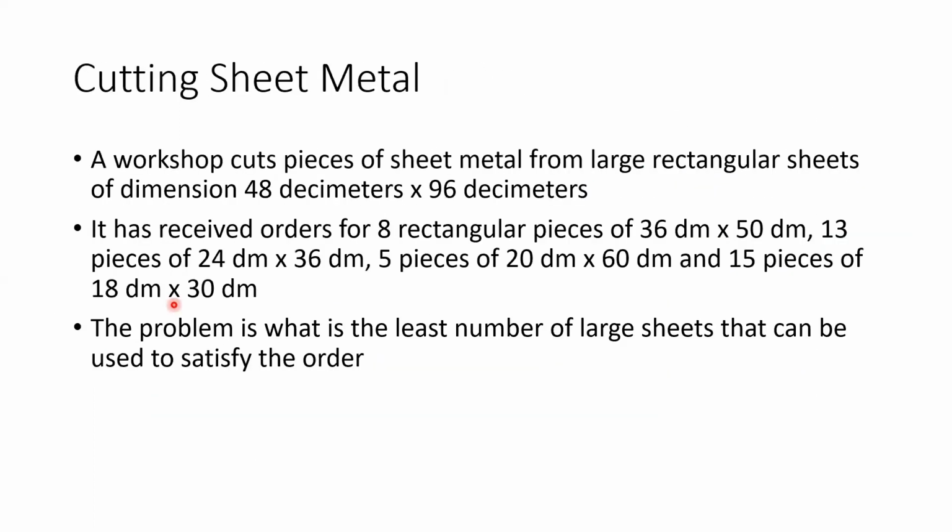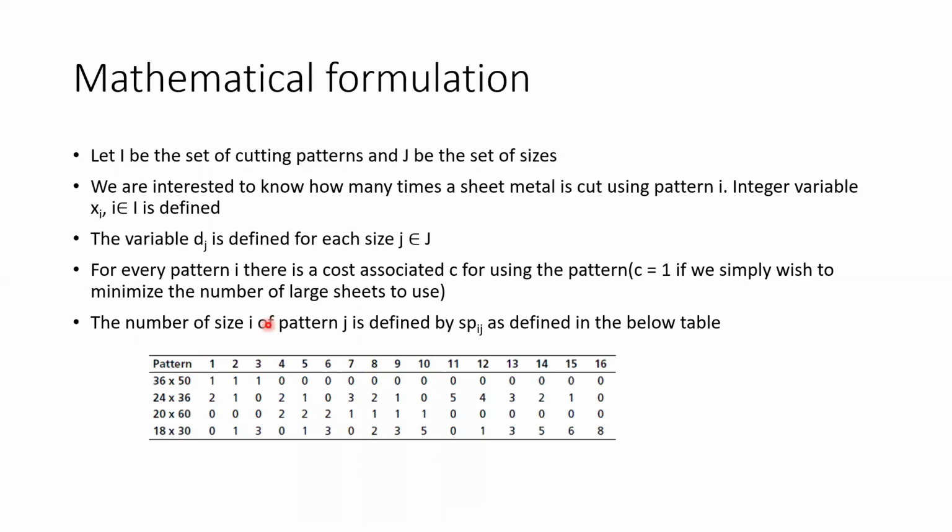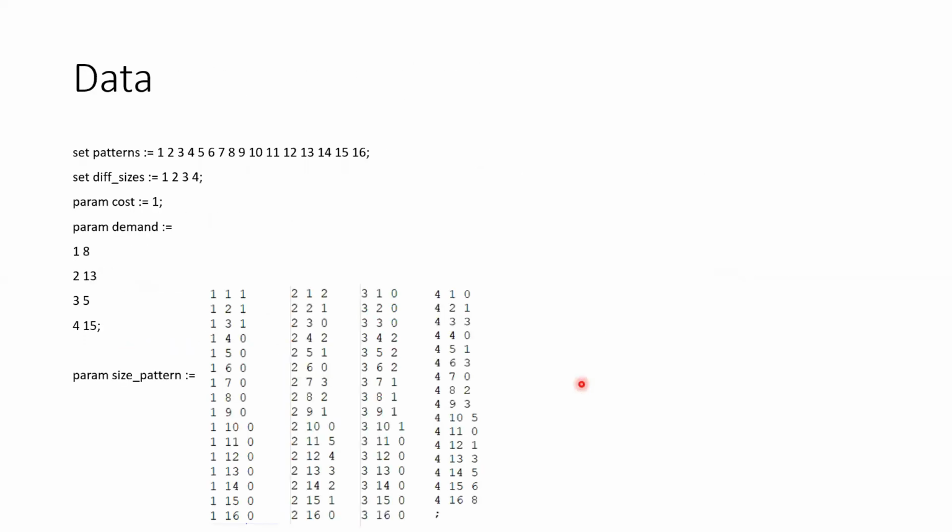For sheet type 1, there is a demand of 8 pieces. For type 2, there are 13 pieces. For type 3, there are 5 pieces, and for type 4, there are 15 pieces. So that's how we define the data. Then the size-pattern parameter, the table that we have shown earlier, is declared here.